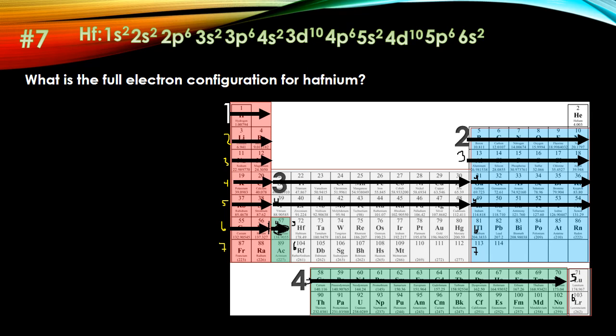So that takes us over to 4f14. And now hafnium is right there, which makes 5d2. And I don't know why I wrote a 1. Silly me. It should be 5d2. Clear as mud, right?